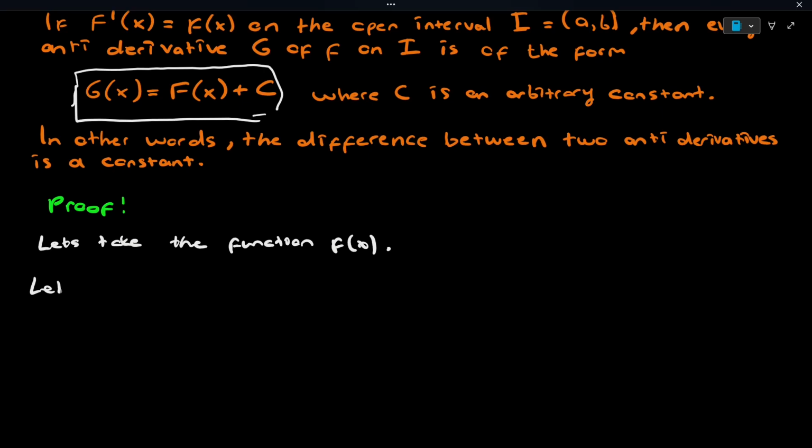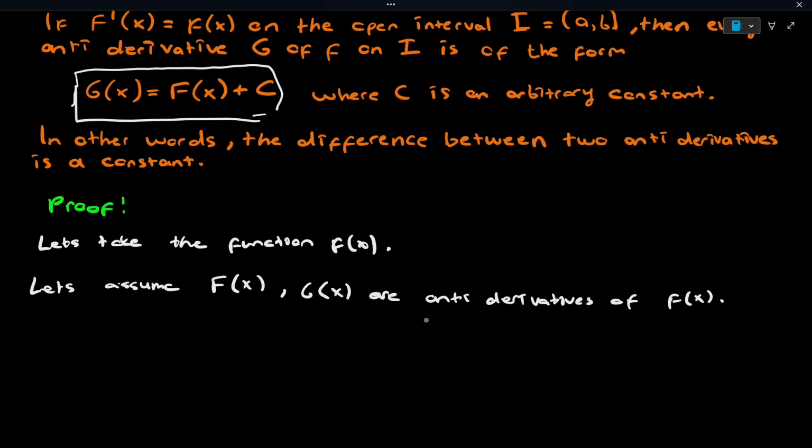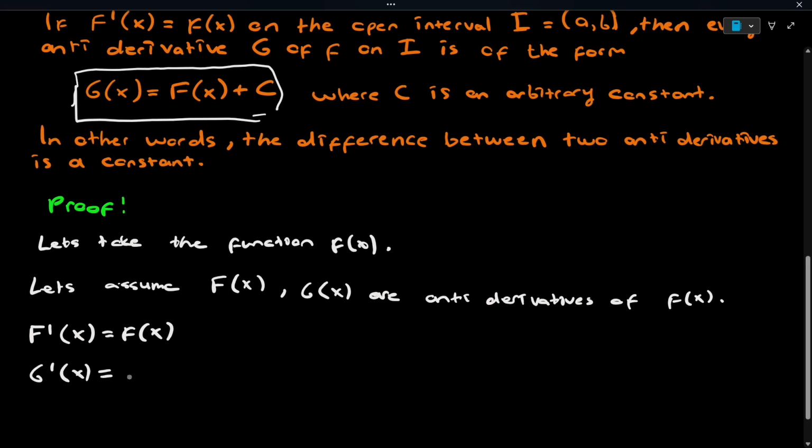Let's assume F of x and G of x are antiderivatives of f of x. What do I mean by this? I mean that when I differentiate these two functions, I get my original function f of x because that's the definition of antiderivative. I differentiate my antiderivatives, I get back to my original function.